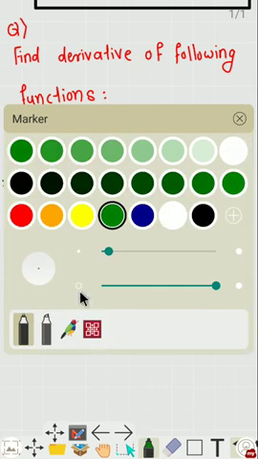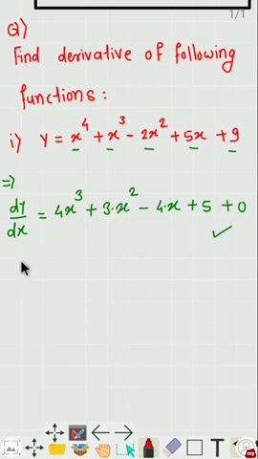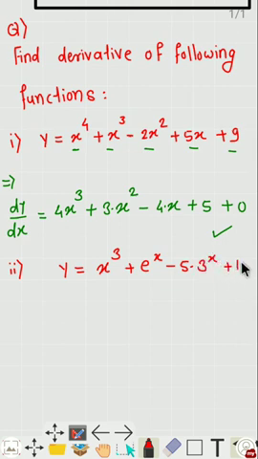Let us go to the next example. The second function that I am writing is y is equal to x cube plus e raised to the power x minus 5 times 3 raised to x plus 15.